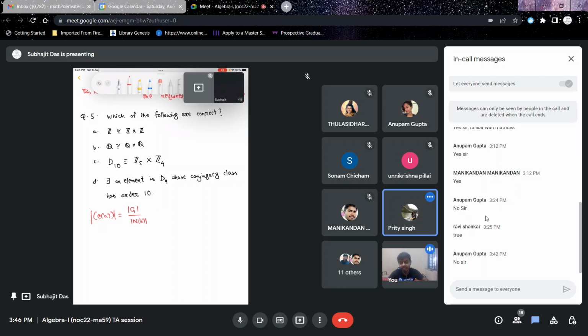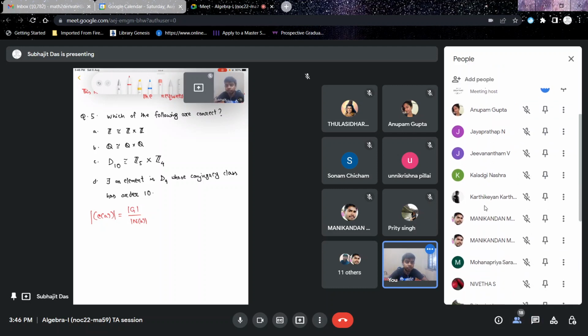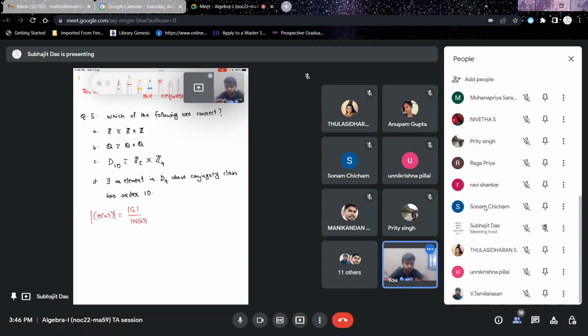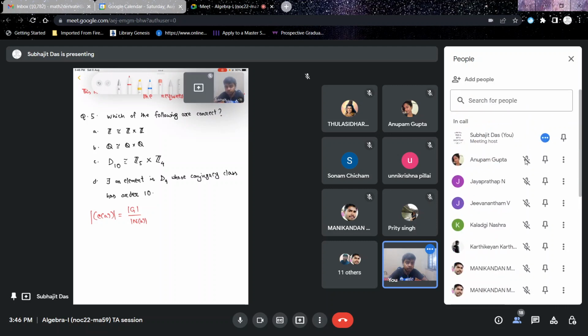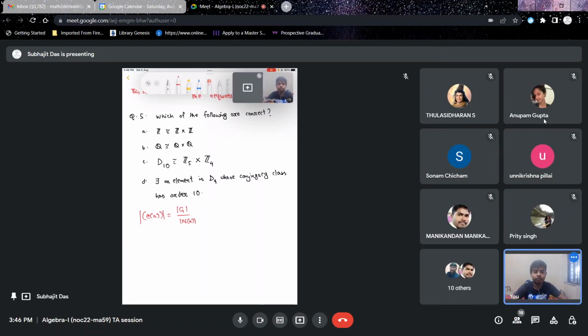Yes, it's 18, right? So option D asks whether there exists an element in D9 whose conjugacy class has order 10. Is it true or false? What do you think?